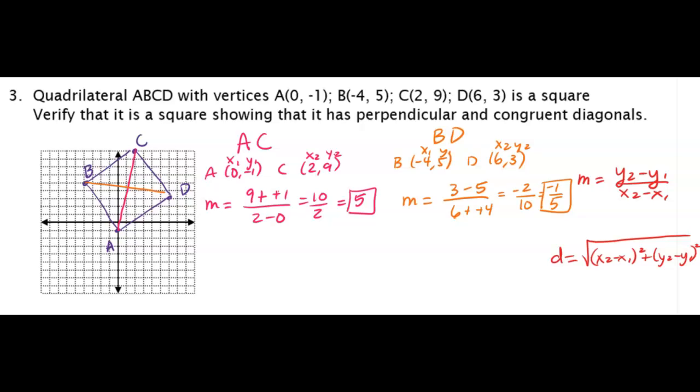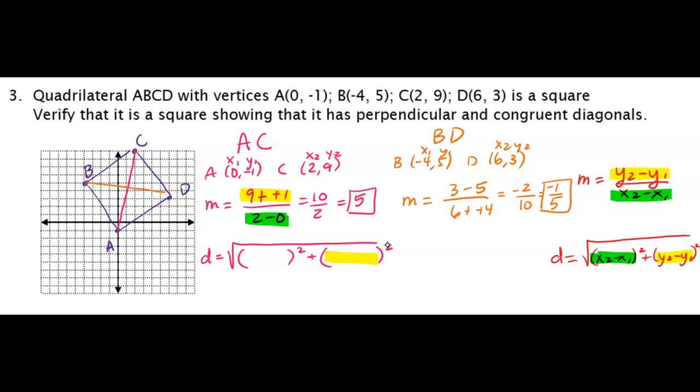Now we have to find our distances. Now, to save ourselves a little bit of time, because we've talked about this before, remember that in the slope formula, the numerator of our slope, so the y2 minus y1, is the same as our second set of parentheses in the distance formula. So this right here is going to go here. And then similarly, the bottom of our slope formula is the same as the first set of parentheses in the distance formula.